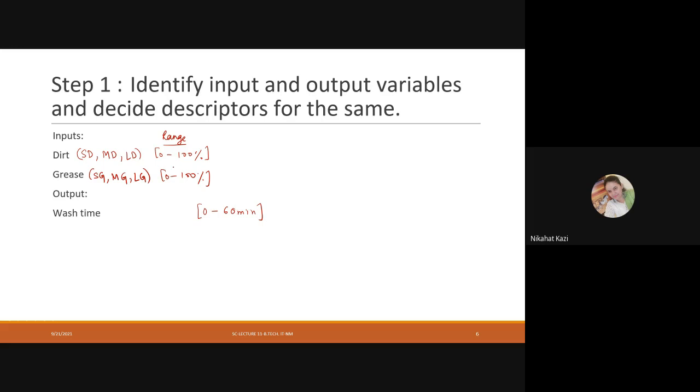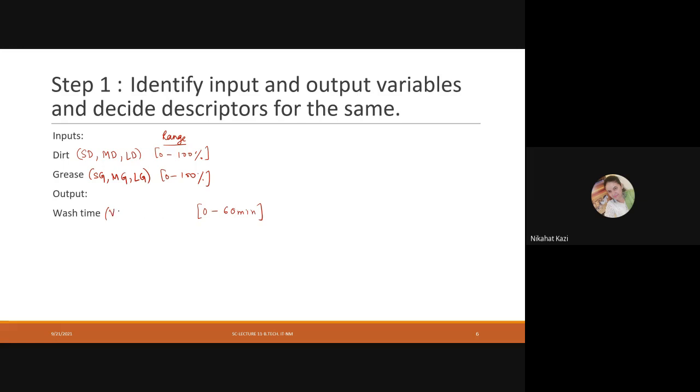Because whenever you're talking about inputs and outputs, you have to think in terms of the universe of discourse. What is the range in the real world for these inputs or outputs? So wash time is characterized in terms of minutes, 0 to 60 max. That is what I have decided here. Now you have to decide 5 descriptors.